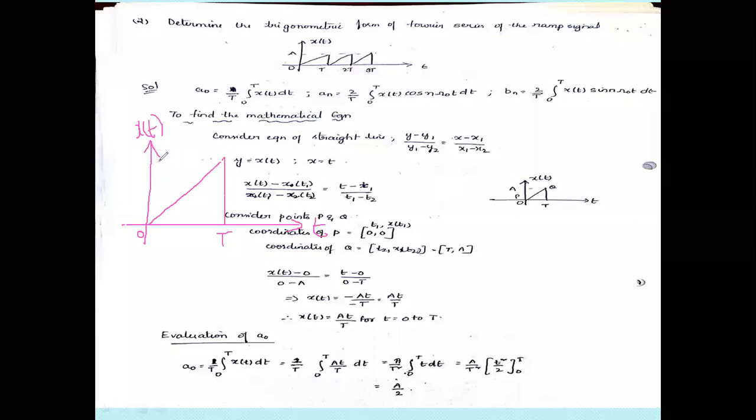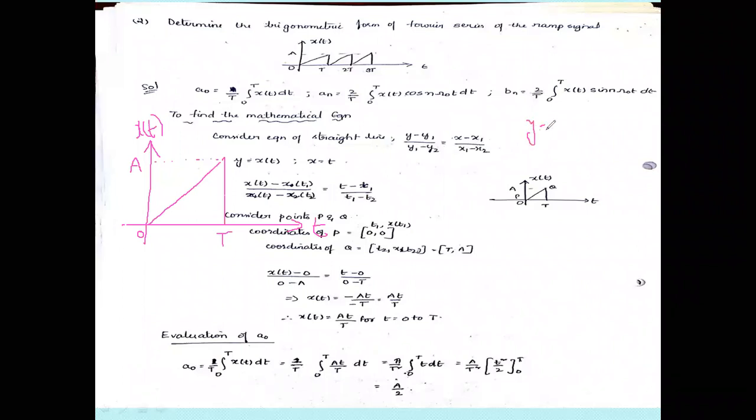And what is the amplitude of this one here? Given, A is the amplitude. We know the straight line equation, y is equal to mx plus c. Another formula for a straight line is (y minus y1) by (y1 minus y2) is equal to (x minus x1) by (x1 minus x2).